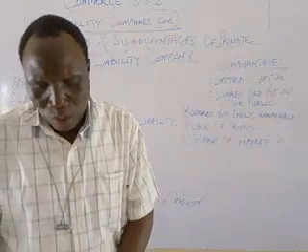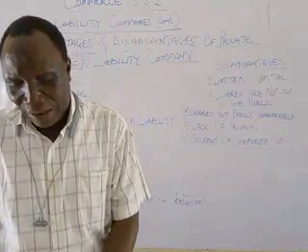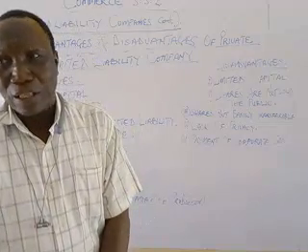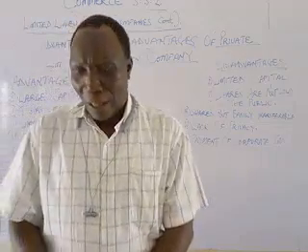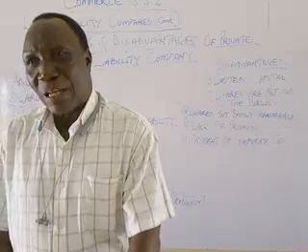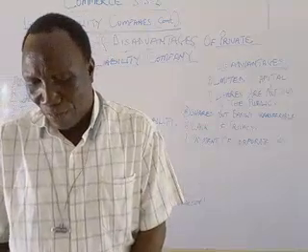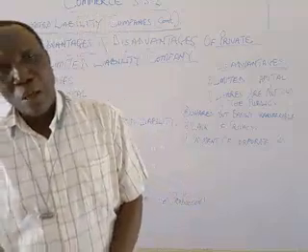Today we want to quickly go on and look at the advantages and disadvantages of a private limited liability company. Please note the advantages and disadvantages of a private limited liability company differ a bit from those of the public one.